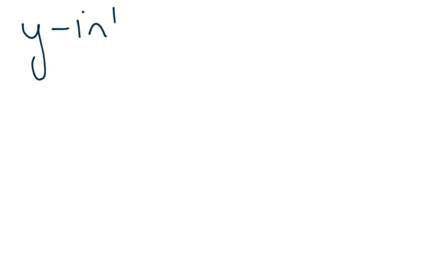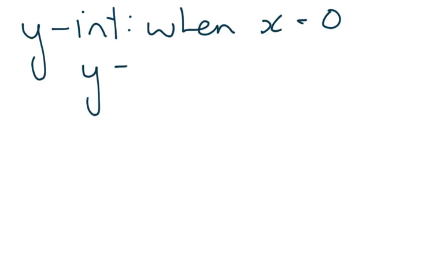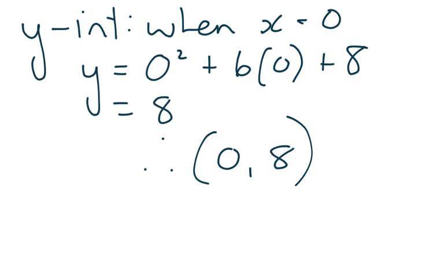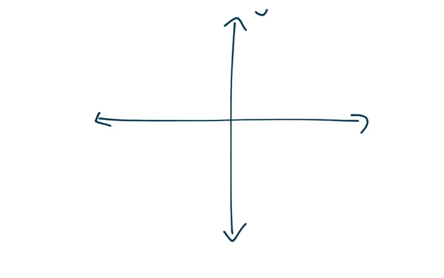Now the y-intercept, again, when x equals 0, so we have y equals 0 squared plus 6 times 0 plus 8. Therefore, it equals 8, so our y-intercept is 0, 8. To draw our sketch, we need to put those things on the graph now.